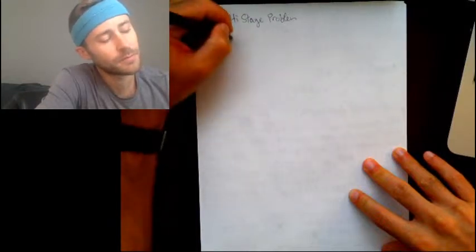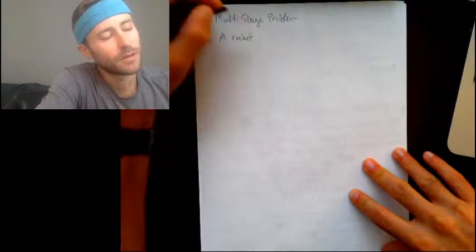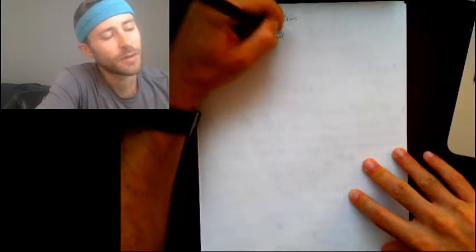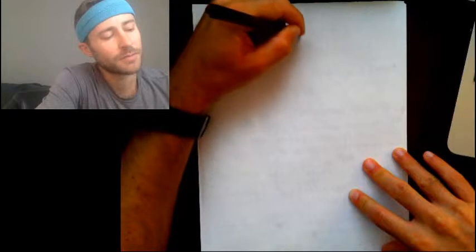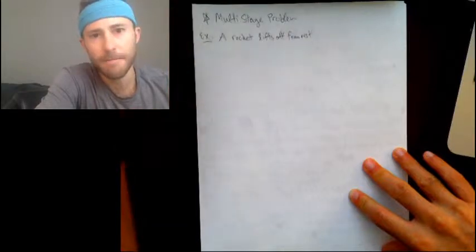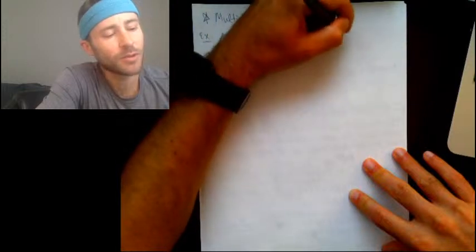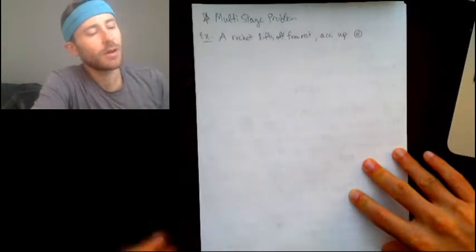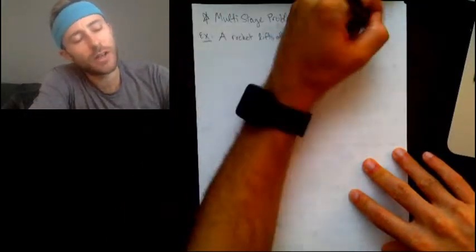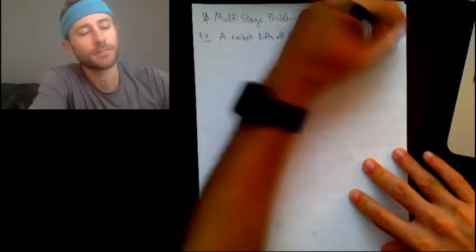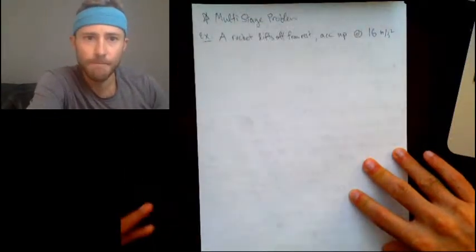A rocket lifts off from rest, accelerating upwards at, let's say, 16 meters per second squared.